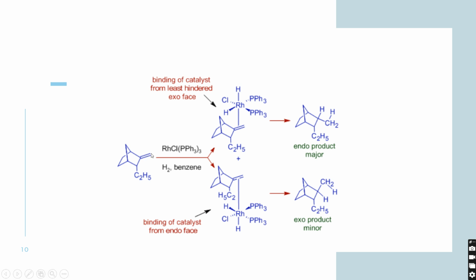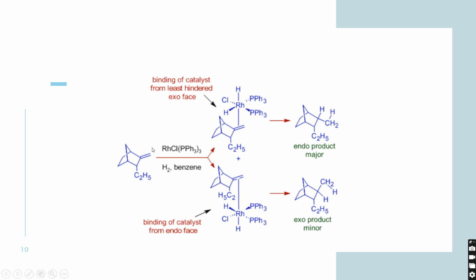When you treat this exo double bond with Wilkinson catalyst, the catalyst can bind to the olefin from above and below. But you have to remember that the binding of the catalyst will prefer that particular face which will have the least steric hindrance.